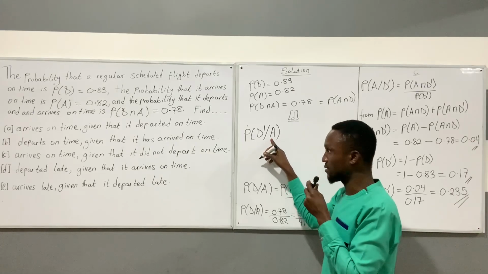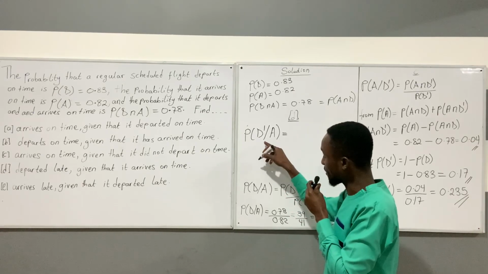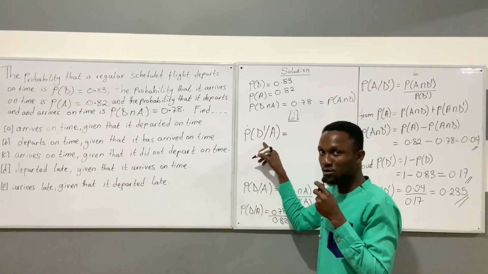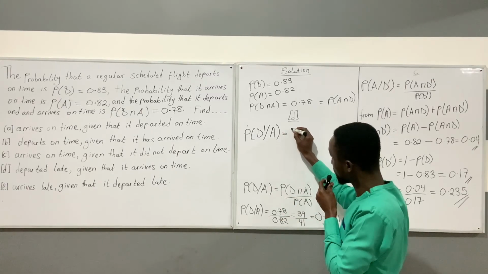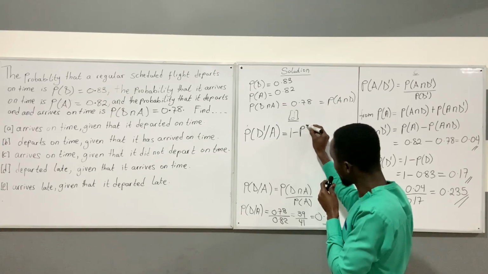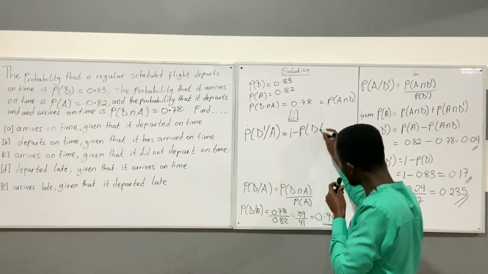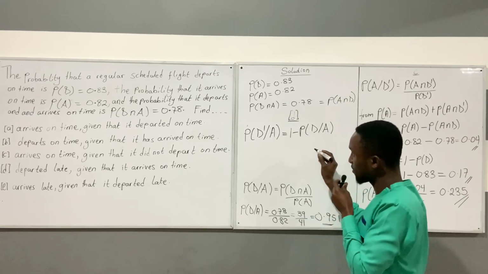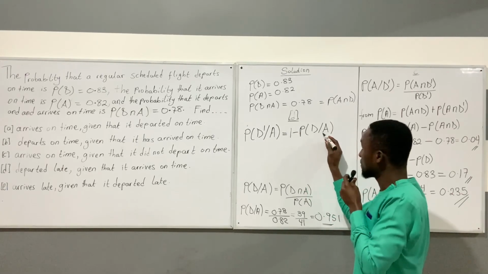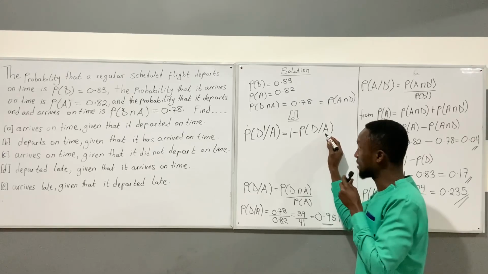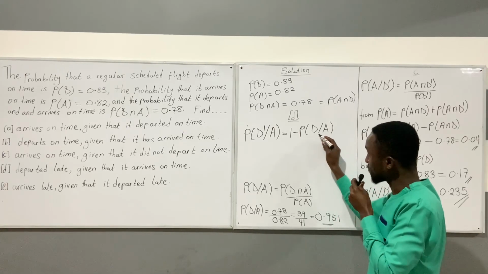A. And there is a shortcut formula for this if you followed me in the introductions we have done. And this is equal to 1 minus the probability that D given A. Okay, the probability that it departed early given that it arrived early.